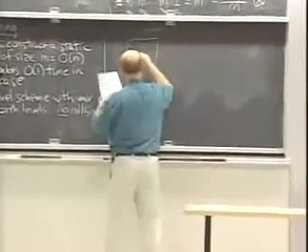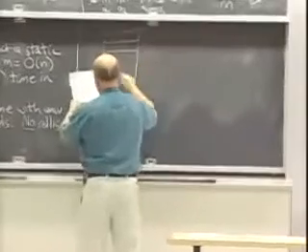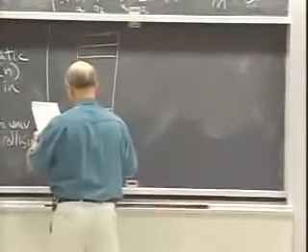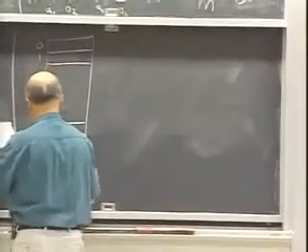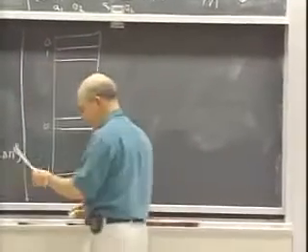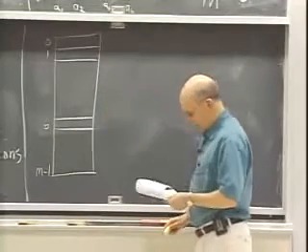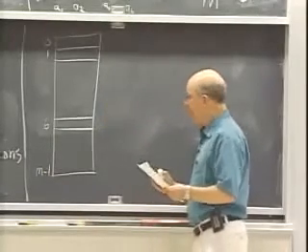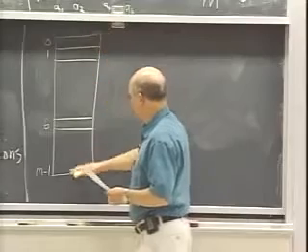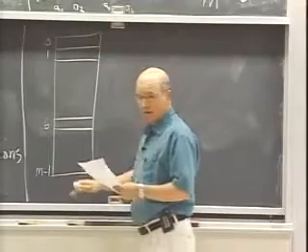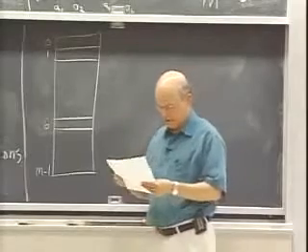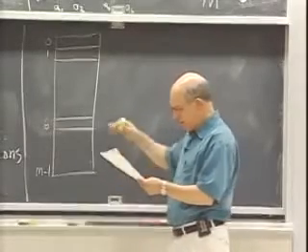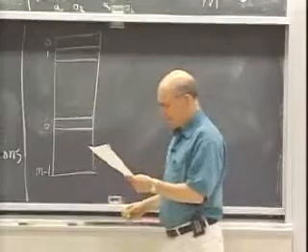So we have slots 0, 1, let's say 6, up to m minus 1. So here's our hash table. And we're going to use universal hashing at the first level. So we find a universal hash function; we pick a hash function at random, and we hash into that level.